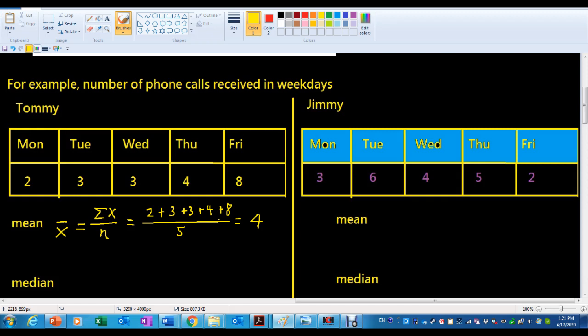Sometimes less than 4, because for Monday, Tuesday, Wednesday, they are less than 4, and sometimes greater than 4 on Friday. Okay, so that's what we call mean. So the mean of the data can somehow tell us on average how many phone calls we receive each day, right?